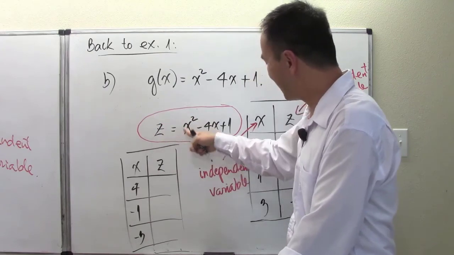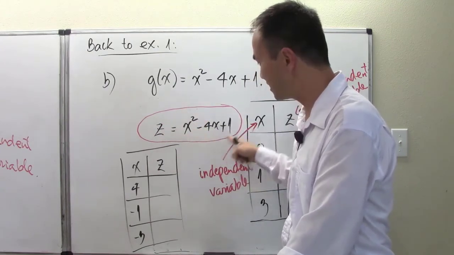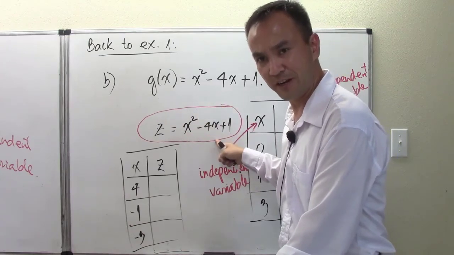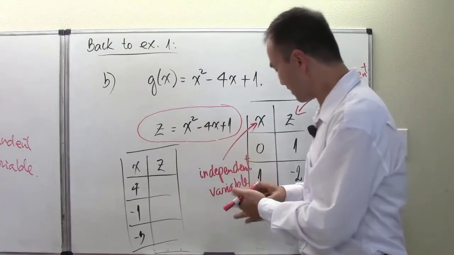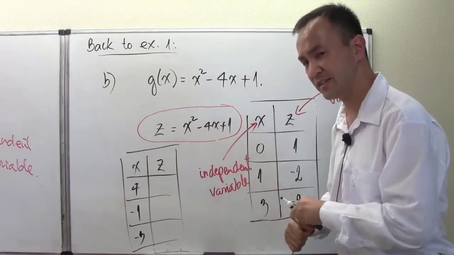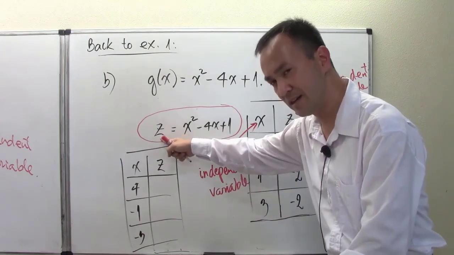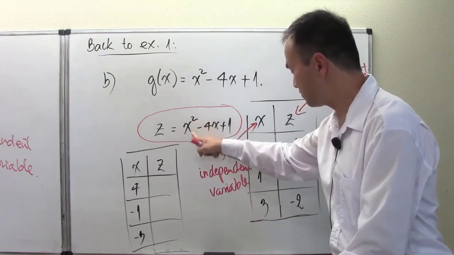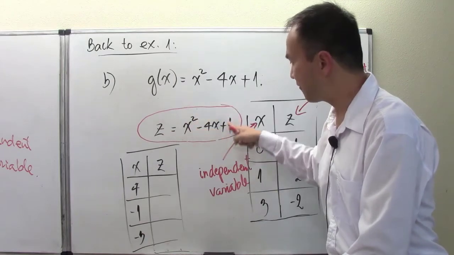And then on the other side, it's an expression, it's a rule that's applied on the input variable. Another way of saying this in words: z is the dependent variable and x is the independent variable, and z equals the output of a function of x.